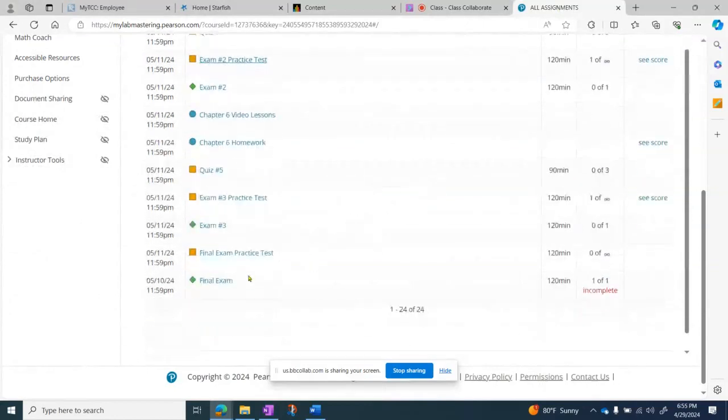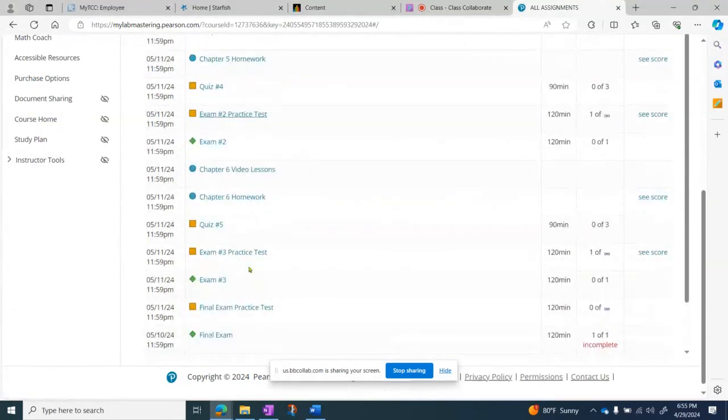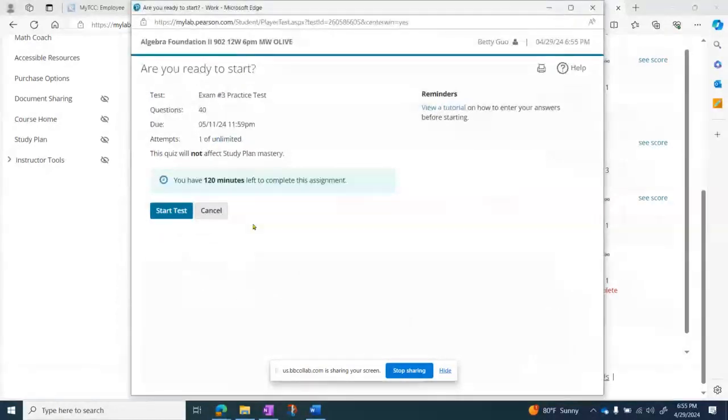I have no idea why it does not let me look at what I have done earlier. Exam 3 practice test. It disappeared. Attempts 1 of unlimited. It doesn't let me see my attempt.